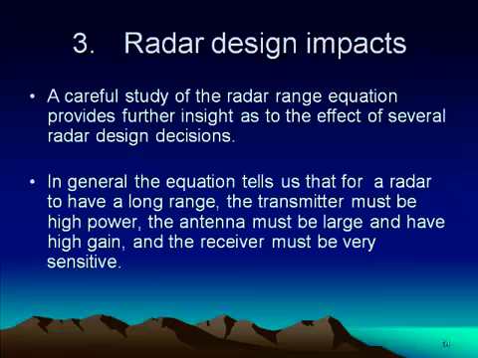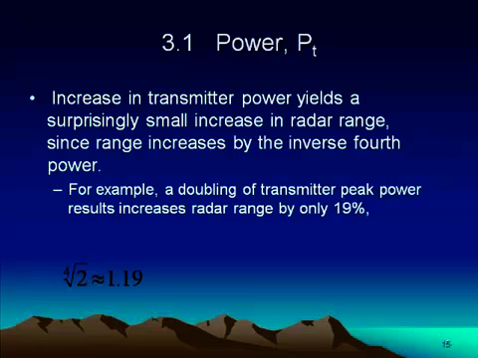Whereas the transmitter powers will be of the order of 40 dBW or 50 W, 60 dBW, etc. An increase in the transmitter power will have a very small effect on the radar range. This is because of the fourth power relationship between the transmitter power and the range.